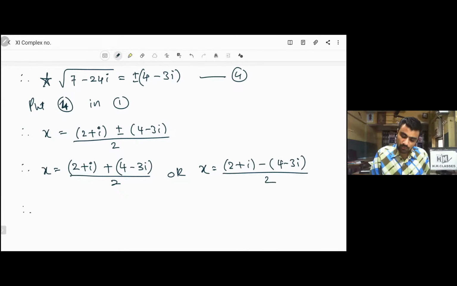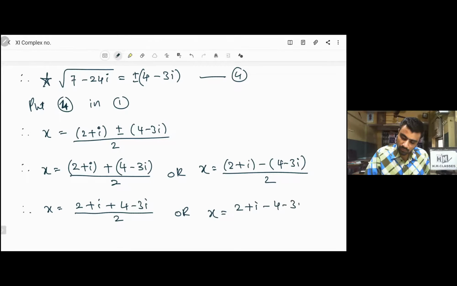So this will be x is equal to 2 plus i plus 4 minus 3i upon 2, or x is equal to 2 plus i minus 4 minus 3i upon 2.